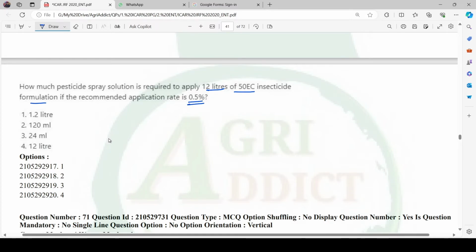So for this question you should know the formula: N1V1 equals N2V2. Okay, so first you should take the decimal application rate. It is important to do. So how can you get the decimal application rate?